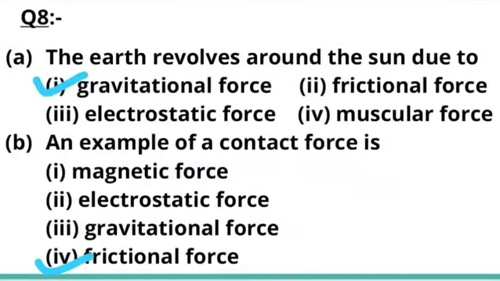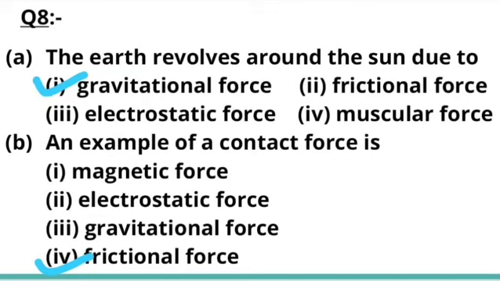Question number 8. A part. The earth revolves around the sun due to gravitational force. Okay, all the planets revolve around the sun because of the gravitational force. Second part. An example of a contact force is, first option is magnetic force.